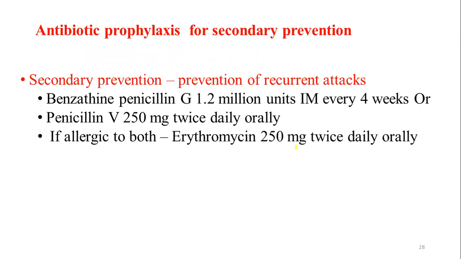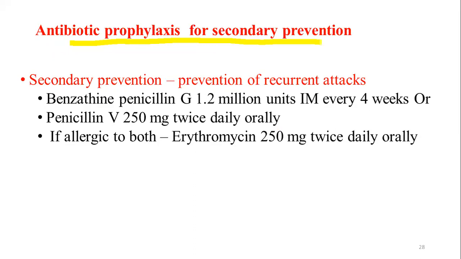Okay, then the next step, after managing the inflammatory reaction and having already eradicated the microorganism with 10 days of treatment or a start dose of benzathine penicillin, is considering prophylaxis for secondary prevention. What is the essence of secondary prevention?